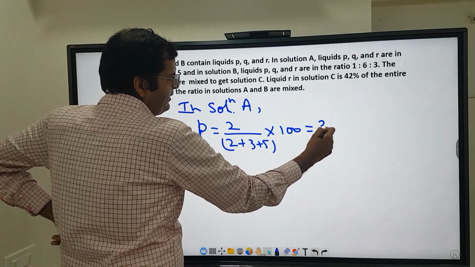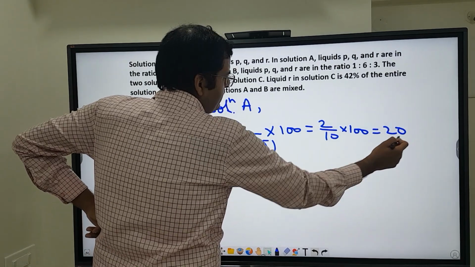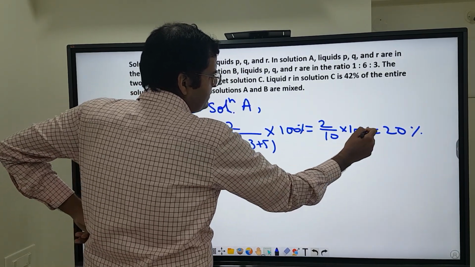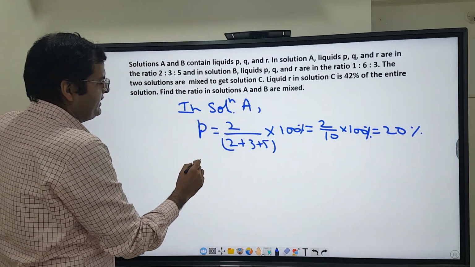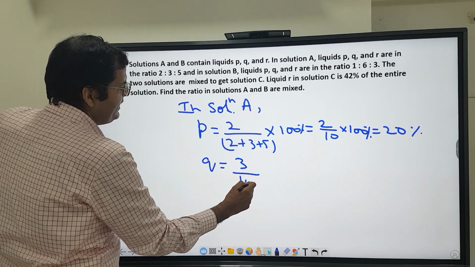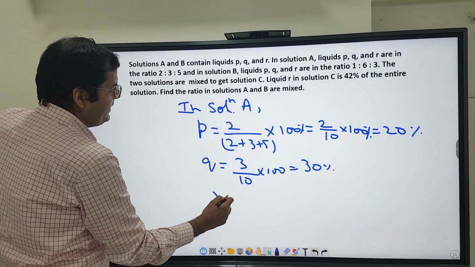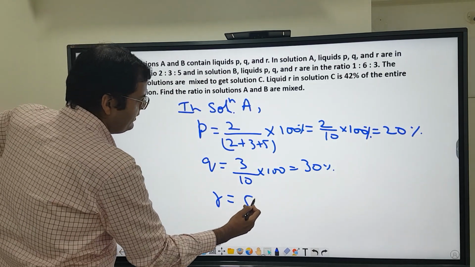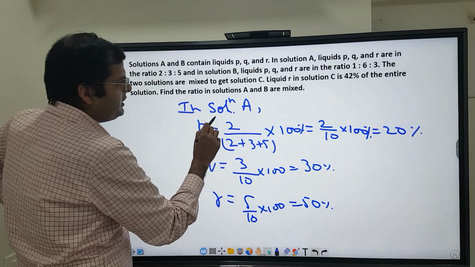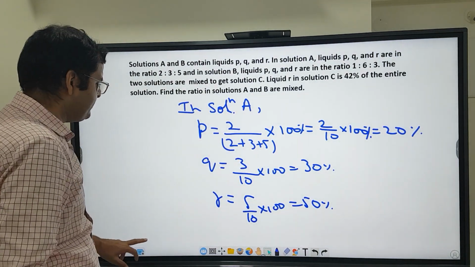So 2 by 10 into 100 is equal to 20. So P is 20%. Then Q in solution A will similarly be 3 by 10 into 100, which is 30%, and the remaining R will be 5 by 10 into 100, which is 50%. So in solution A we have figured out P, Q and R in terms of percentage: 20%, 30% and 50%.